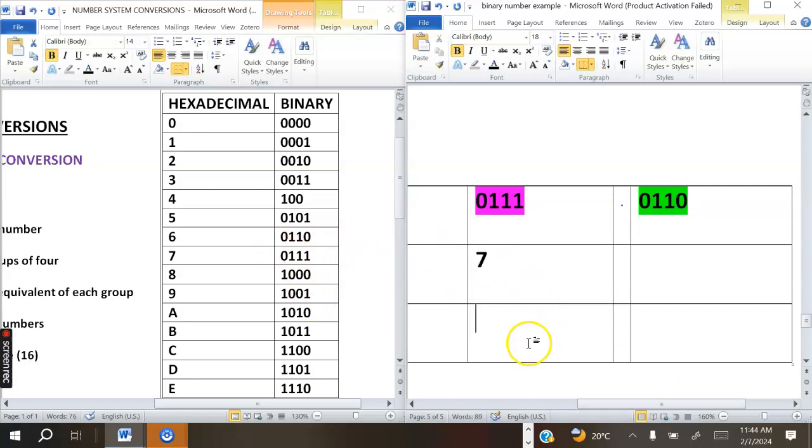So this is 7 and also 7. Then we have 0, 1, 1, 0. This should give us this value. The value is A. A is equivalent to 10. Therefore, this is A. So I hope up to that point we are on the same page.